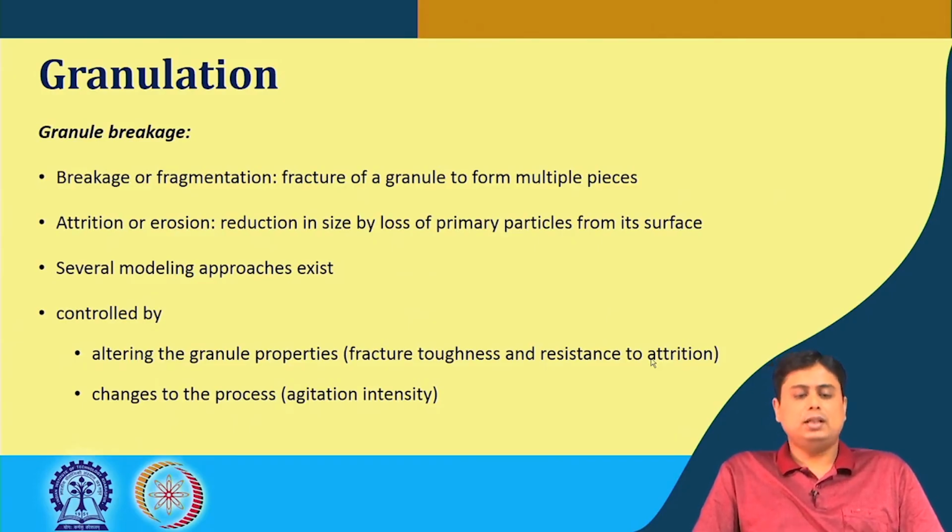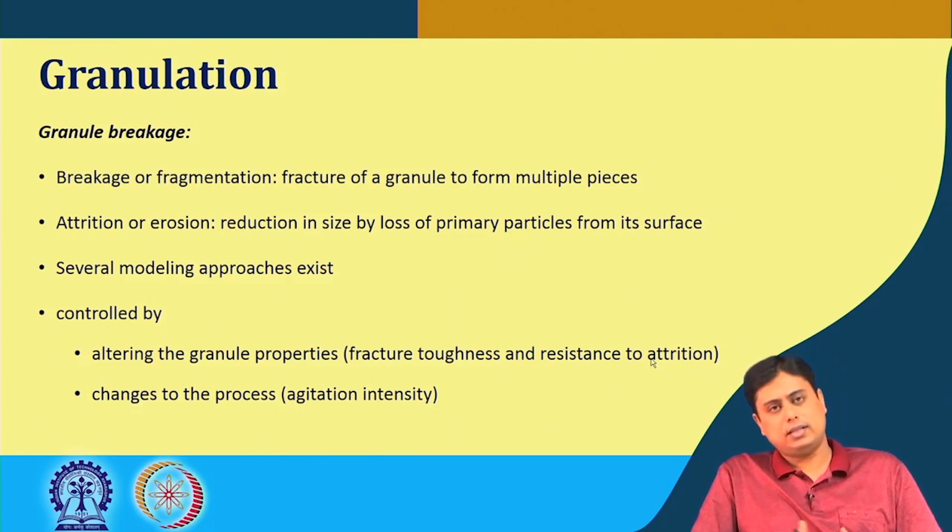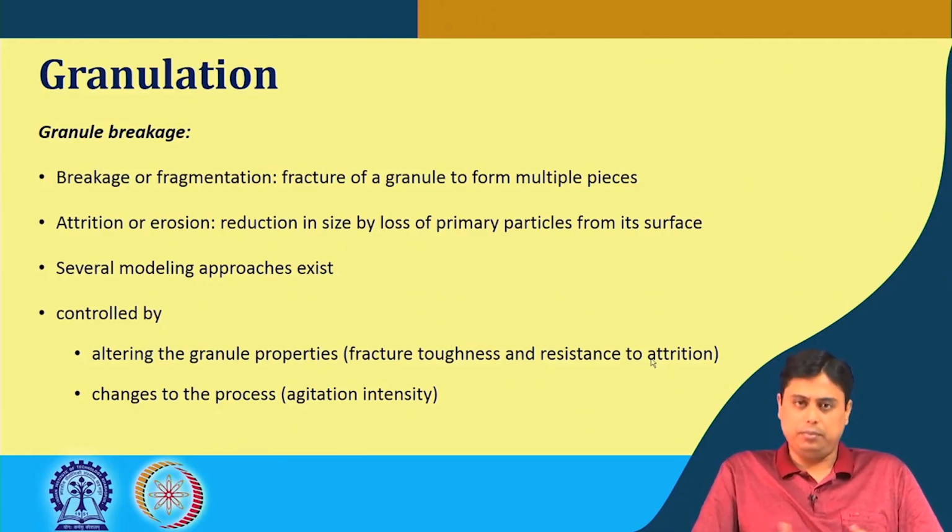Altering the granule property means, say, you can increase the toughness of the material in order to resist the fracture or to resist the attrition, so the breakage can be reduced. Or by changing the process operation, for example, you can change the agitation intensity of the granulator. Say you operate at a reduced RPM. In that way you can reduce the breakage amount.